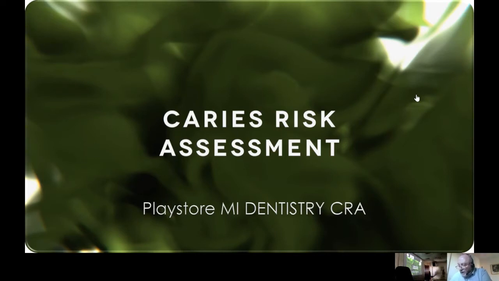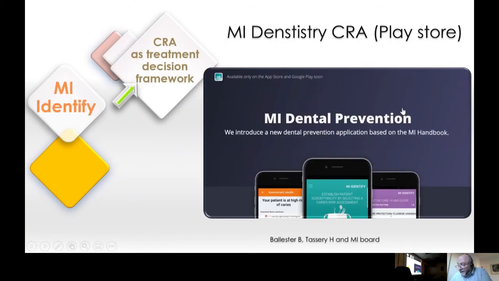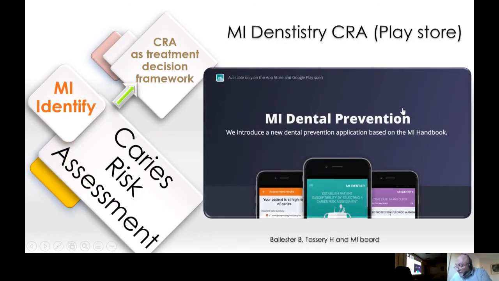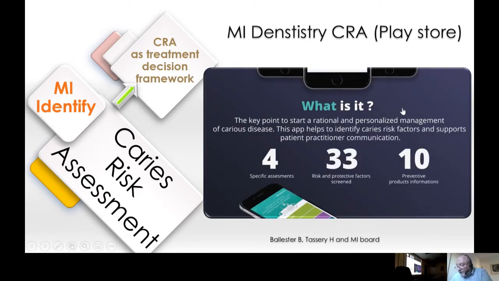So let's go on. What's new about the caries risk assessment, which is the first level that influences all the clinical procedures and the decision to use ion release biomaterial or not. Caries risk assessment is the first crucial step in the MITP concept for effective and personalized care.